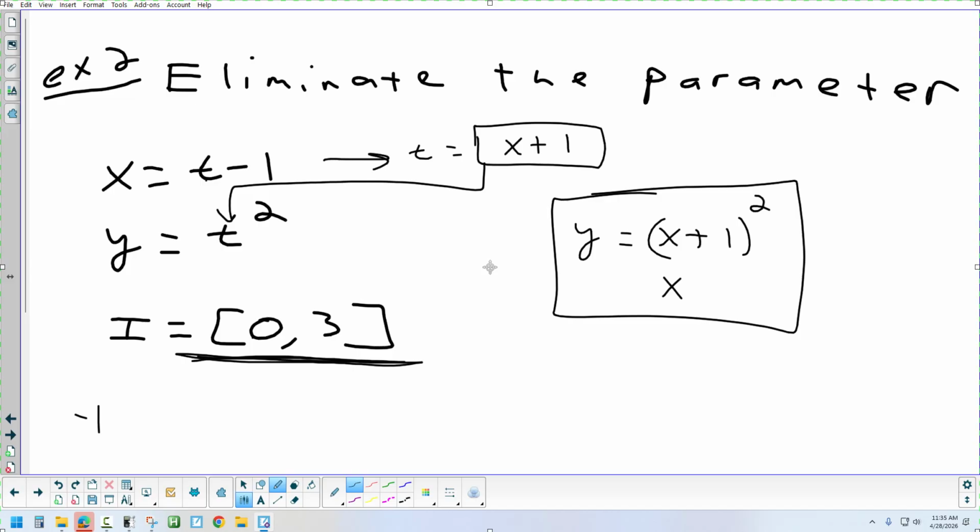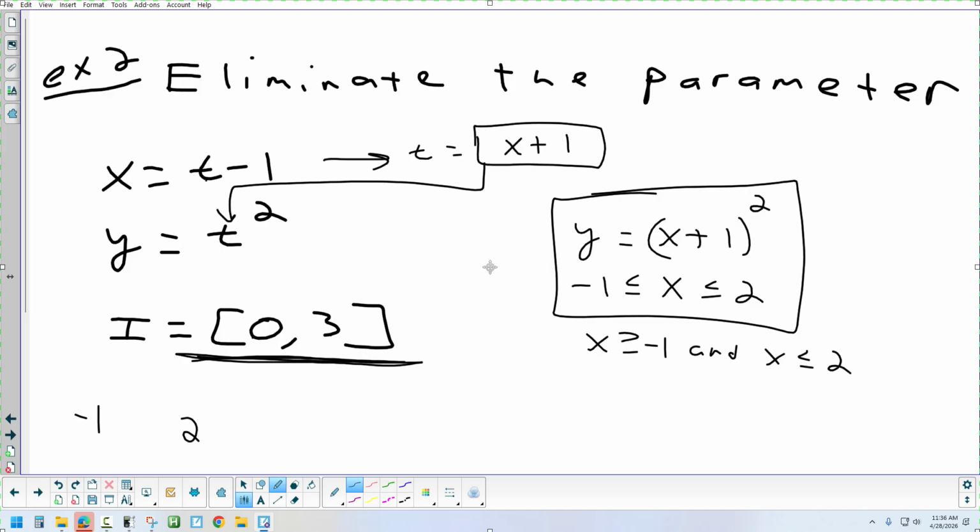What's 3 minus 1? 2. So this particular graph should start at negative 1, stop at 2. That's your entire answer. Start at negative 1, stop at 2. You could write it separately if you wanted to: x is greater than or equal to negative 1. I don't like to write it the second way, it's more writing. But you could. I'm lost.